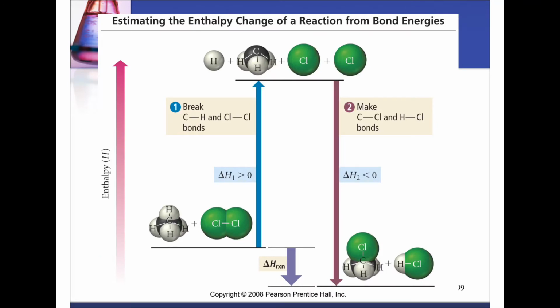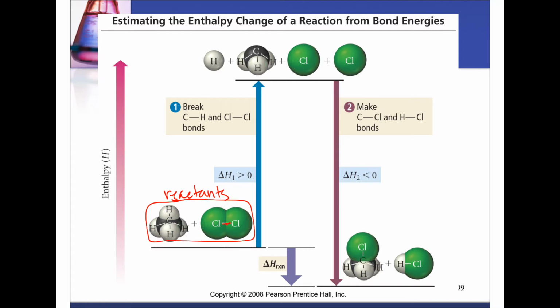Okay, this is a visual way of looking at these problems. What we're doing here is we're starting with our reactants. And the first thing that we have to do is break them apart. So we're trying to get from this methane molecule and the chlorine gas, and we're trying to react them.